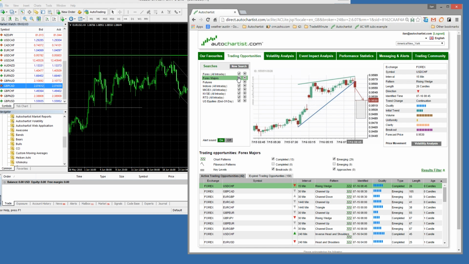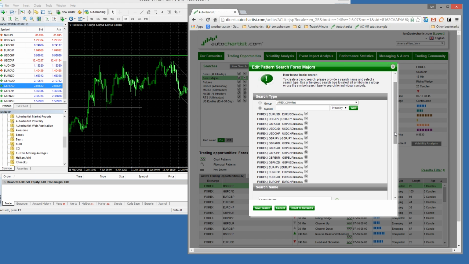I have created my own one called Forex Majors, which contains these instruments: Euro, Japanese yen, pound, Canadian, Swiss franc, GBP, JPY, all the crosses against the pound and all the crosses against the euro. I called it Forex Majors.